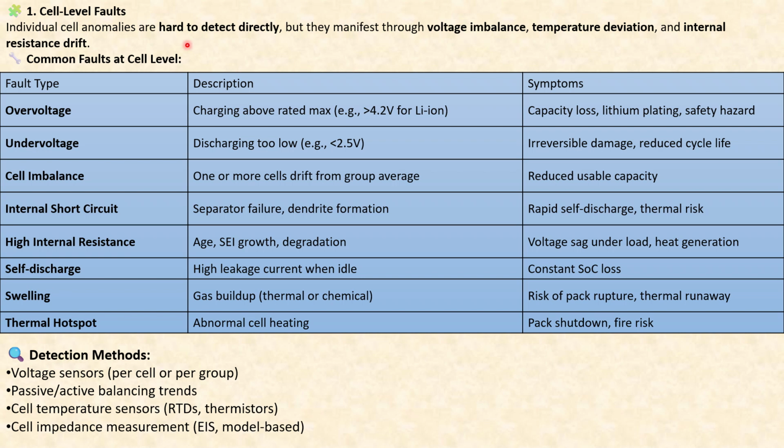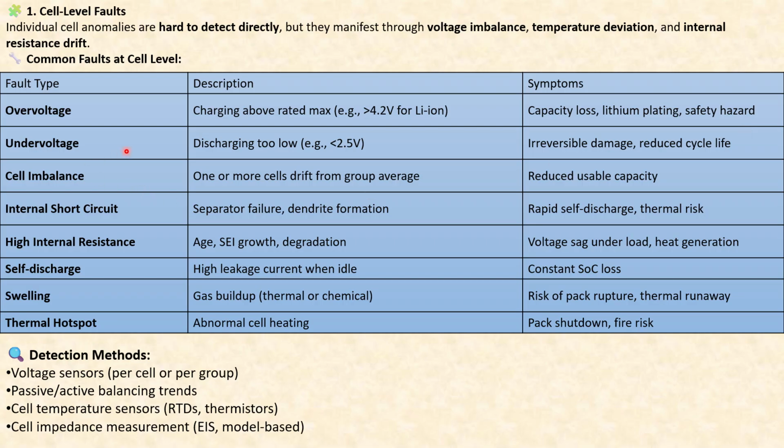Okay, so what are the various types of cell level faults? First cell level fault is over voltage, which is charging above the rated maximum, for example, greater than 4.2 volts for a lithium ion cell. The symptoms are capacity loss, lithium plating, and safety hazard.